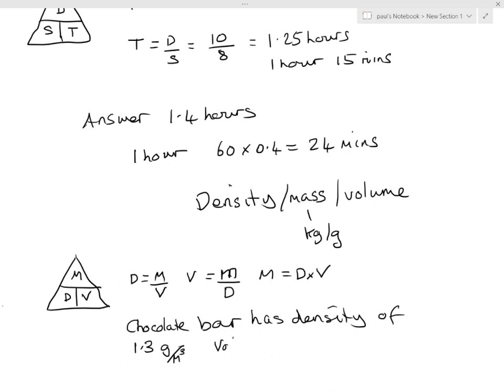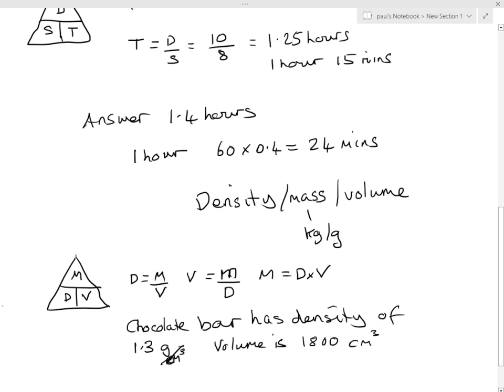So they tell you that the volume is 1800 centimeters cubed. Oh, that is centimeters, sorry. Centimeters.